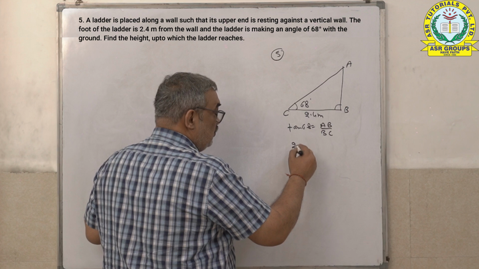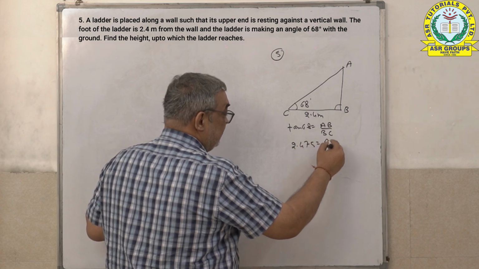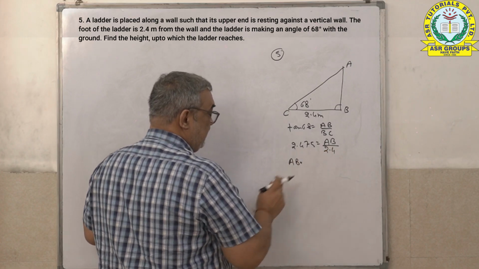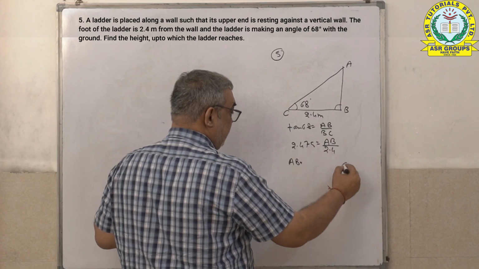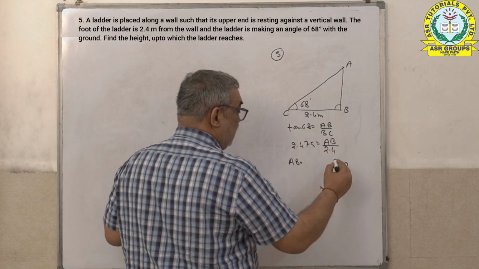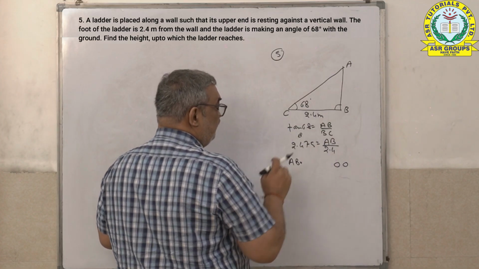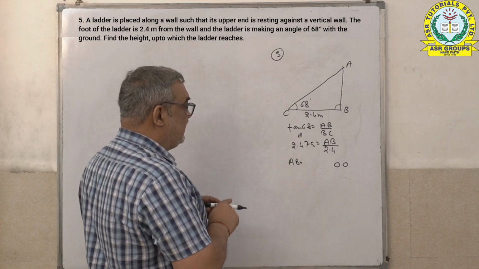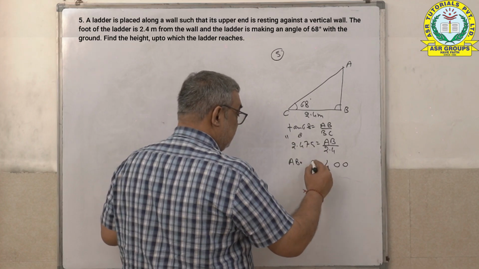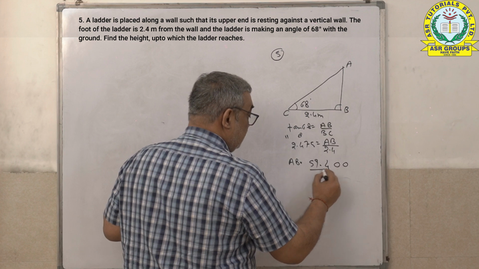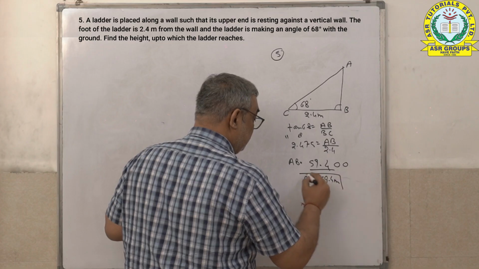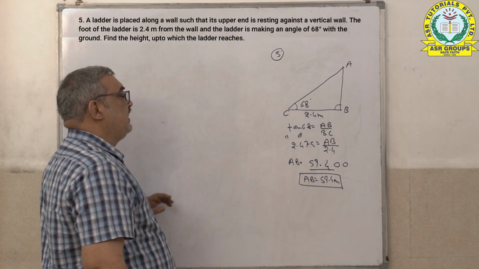Tan 68 is 2.475, AB upon 24, now multiply. 24 5s are 120, 24 7s are 168, plus 12, 180, 24 4s are 96 plus 8, 104 plus 10, 114, 24 2s are 48 plus 11, 59. So AB equal to 59.4 meter. Okay? Now the next sum.